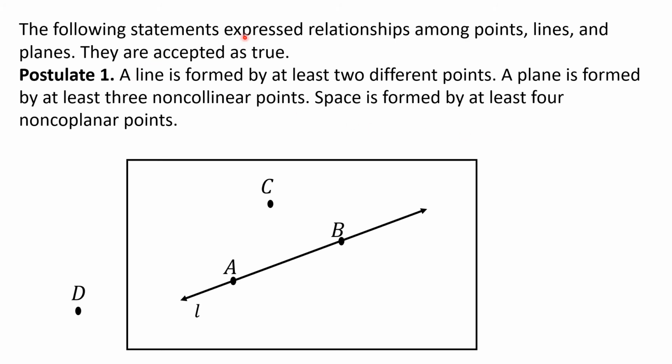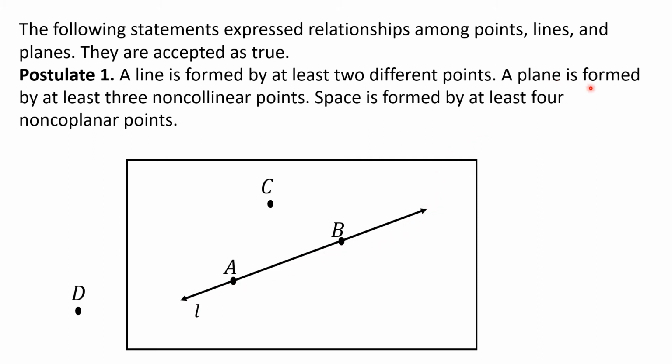So the following statements express relationships among points, lines, and planes. They are accepted as true. We have postulate 1: a line is formed by at least two different points. So we have here 2 points, and then we have here a line.